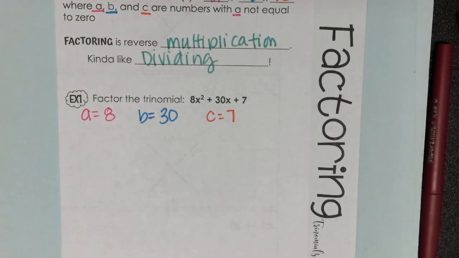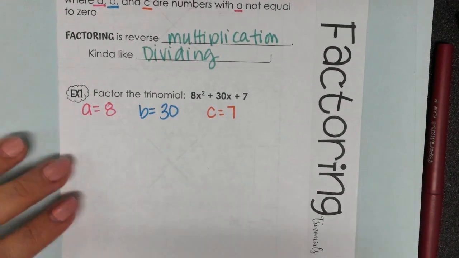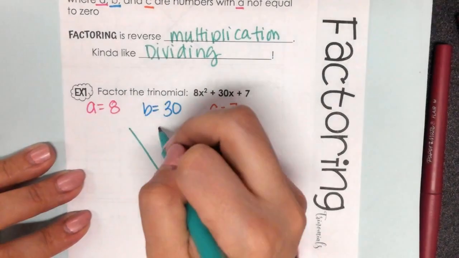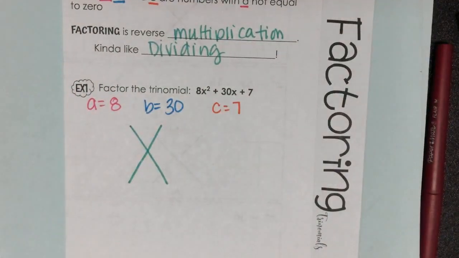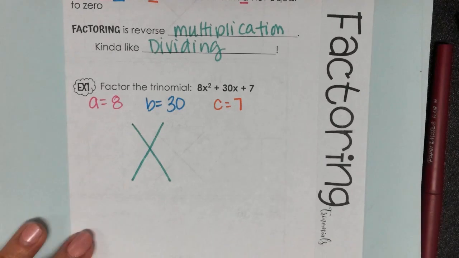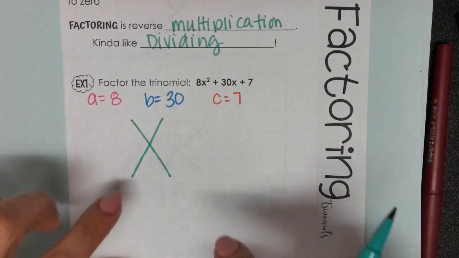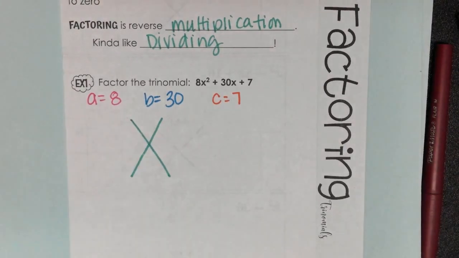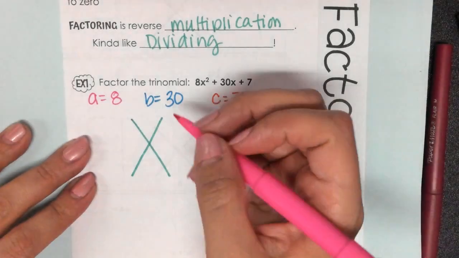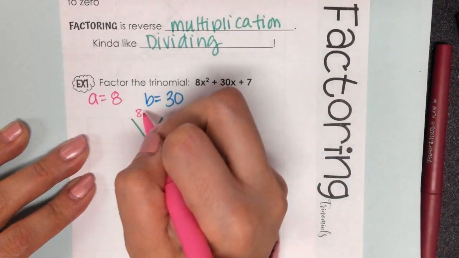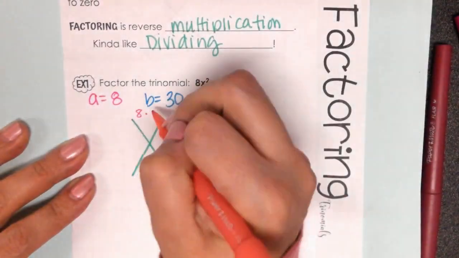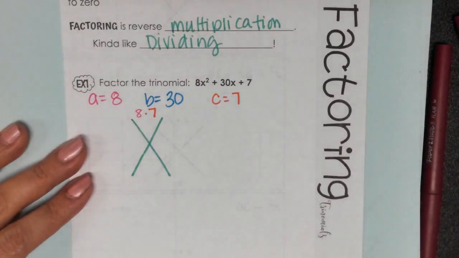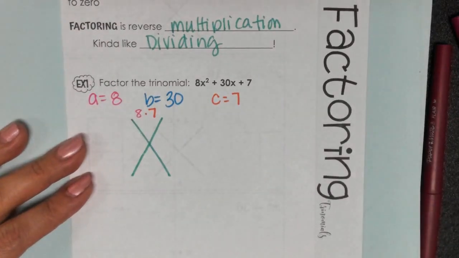Once I have my ABCs down, we move on to our X puzzles that we've been working on. So now you see how they come back into play with what we're doing. However, we're setting up our X puzzle. To set up my top number, it is A times C. So in other words, 8 times 7 goes on top.